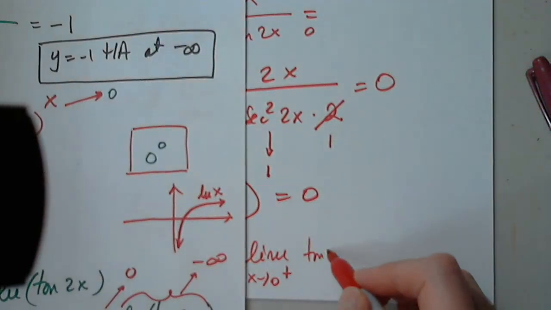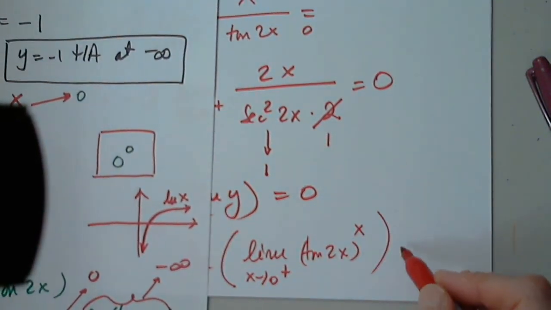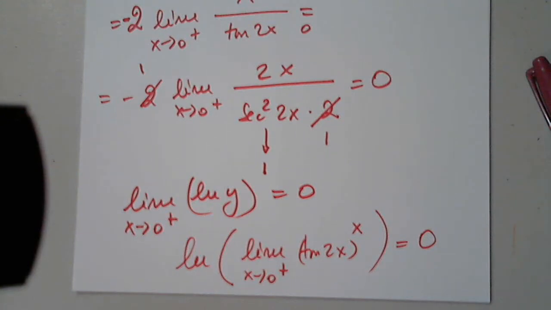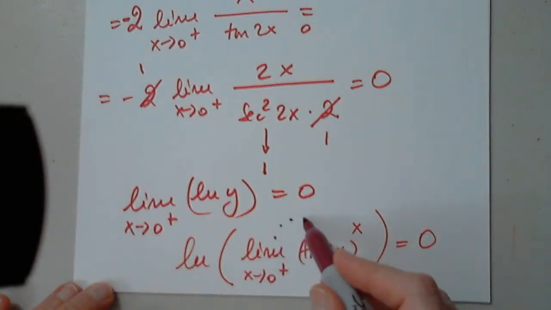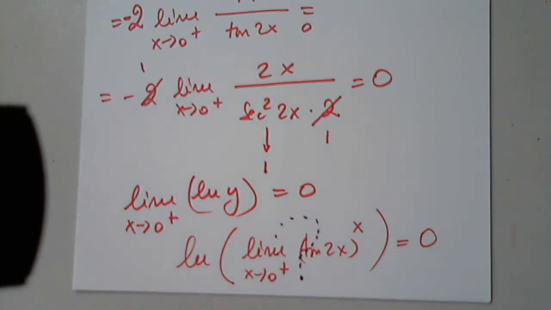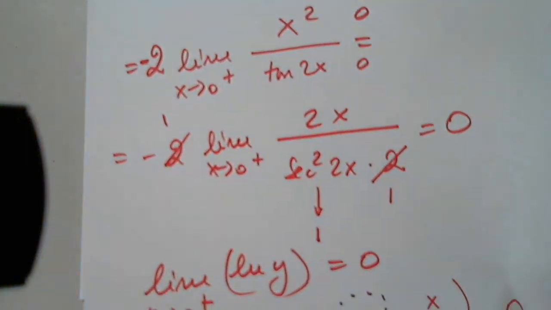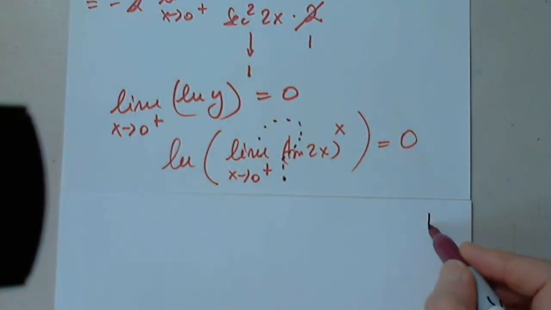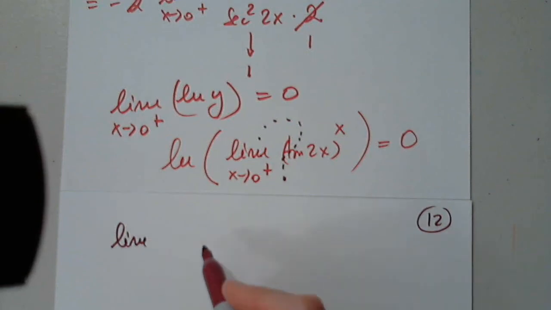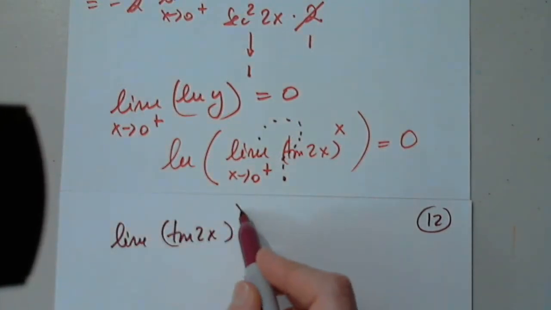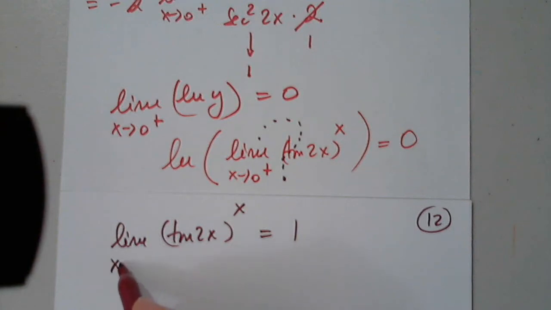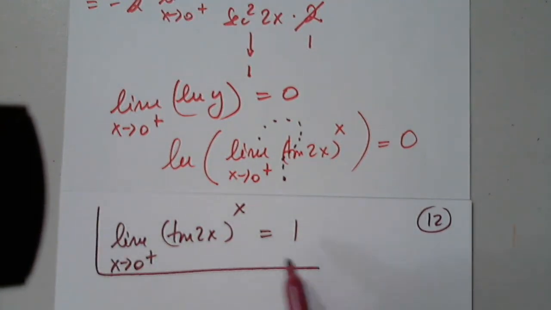Tangent to x to power x is 0. So then my question now is, what could this be? One. Only 1. Thank you so much. Indeed, that's what it is. So then the limit of tangent to x raised to power x is 1 when x approaches 0 from the right. Excellent.